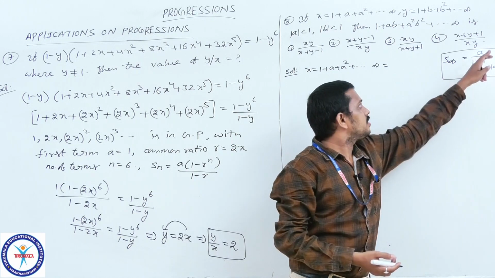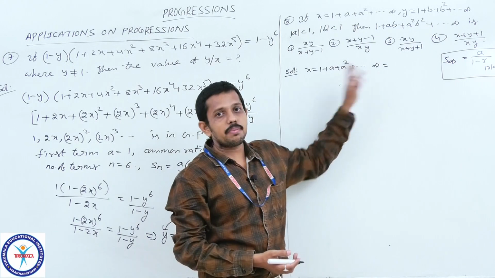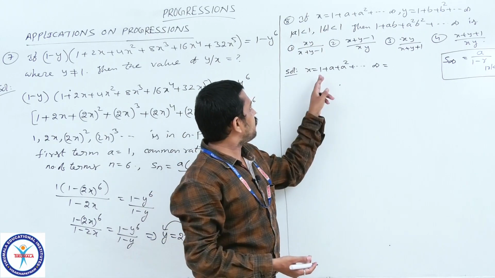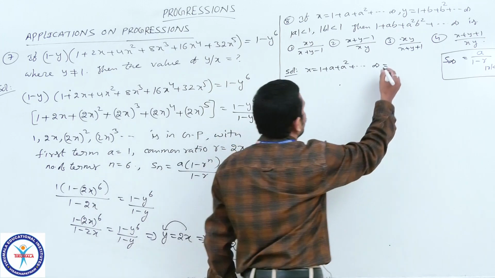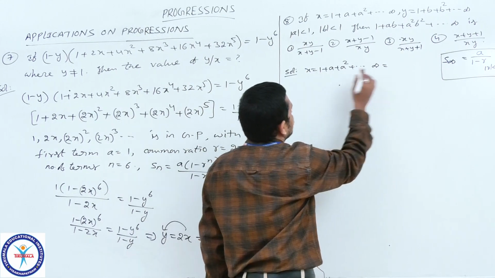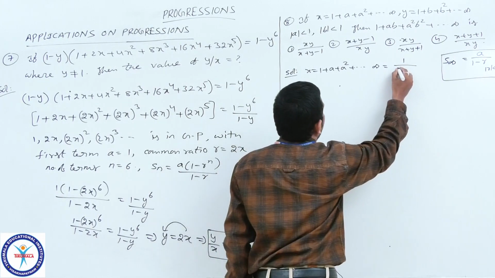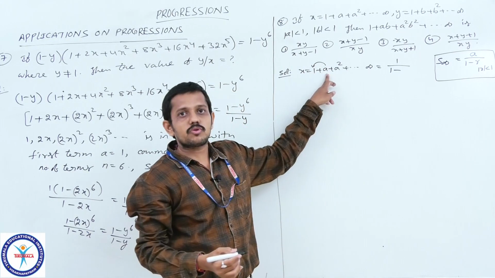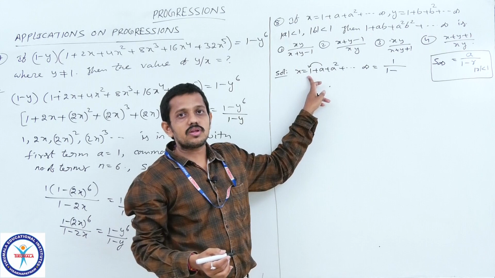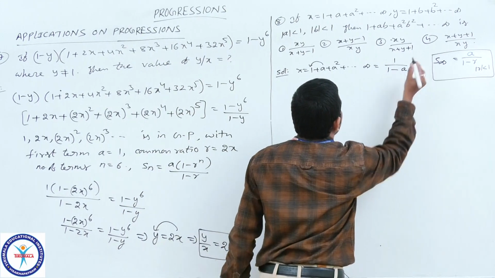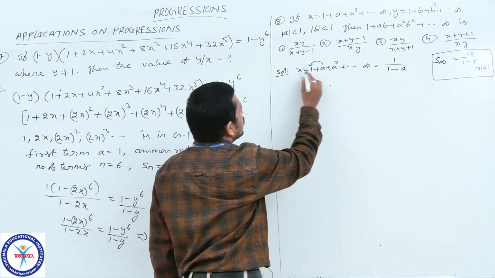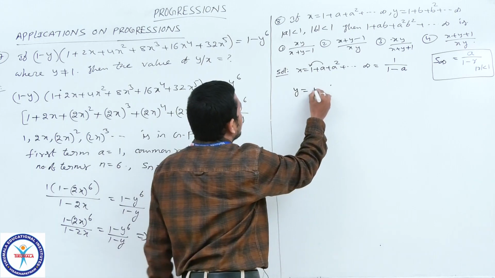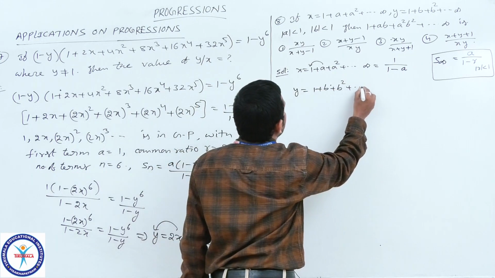Here |a| is less than 1, so we can write this formula. What is the first term? 1. What is the common ratio? The ratio of the second term to the first term, a by 1, which is equal to a. So 1 by 1 − a. Therefore, we have x is equal to 1 by (1 − a) and y is equal to 1 + b² + b⁴ and so on to infinity.